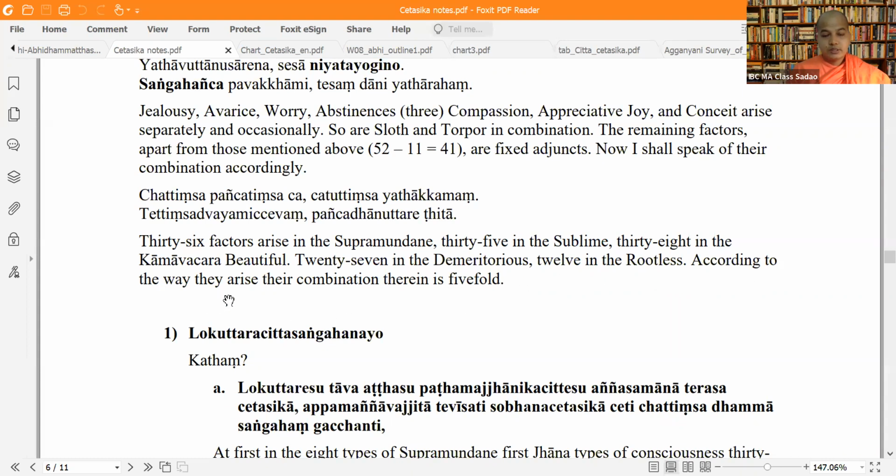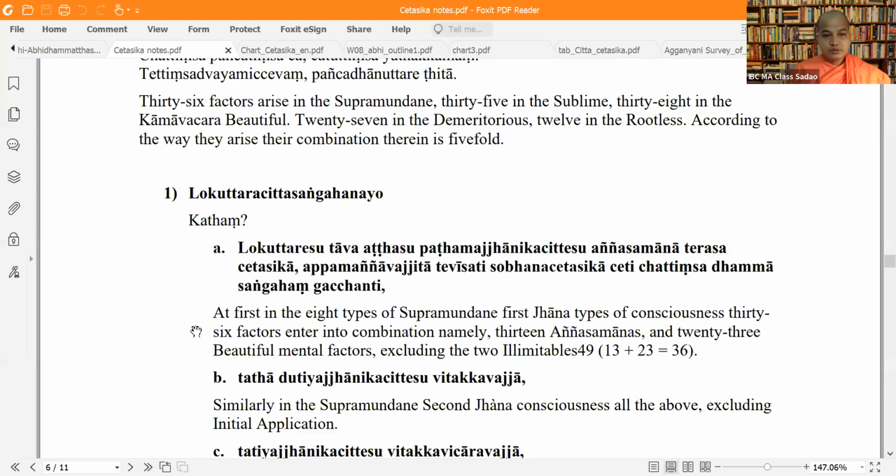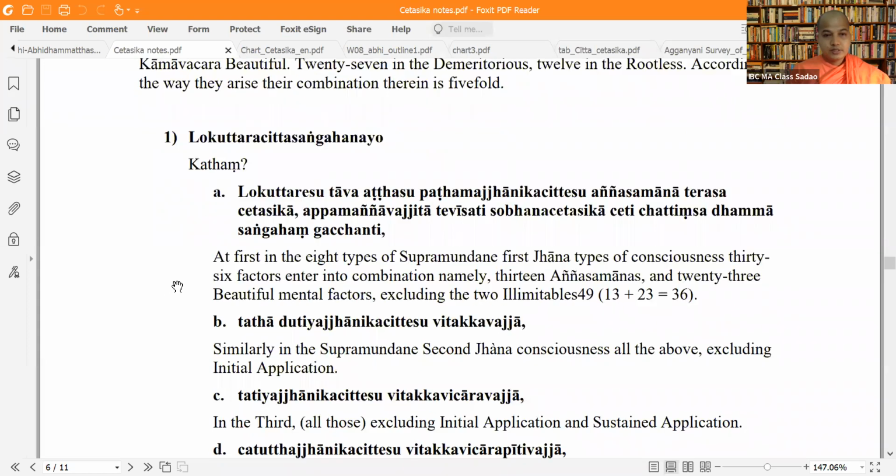According to the way they arise, their combination therein is 5-fold. So this is how this is categorized, in terms of supramundane, sublime, beautiful, demeritorious, and rootless. So this is the presentation in detail.